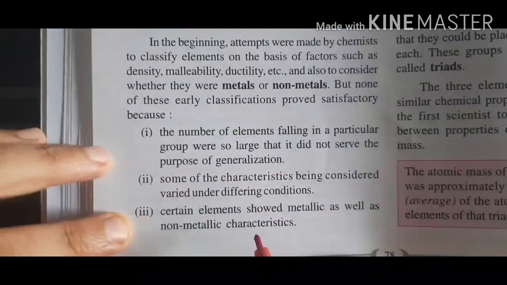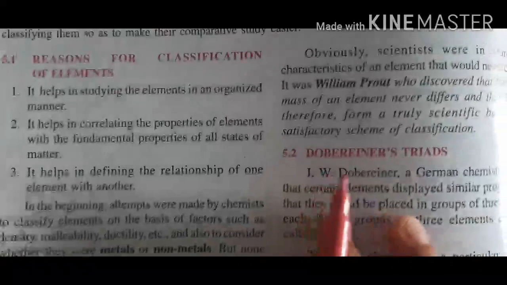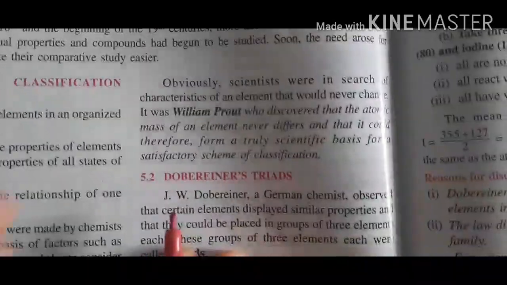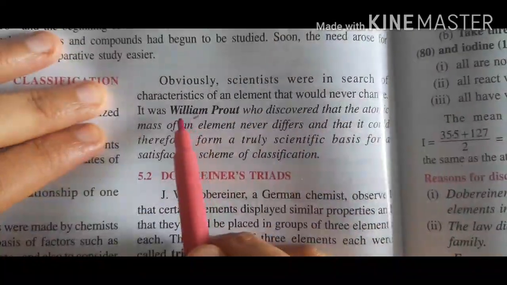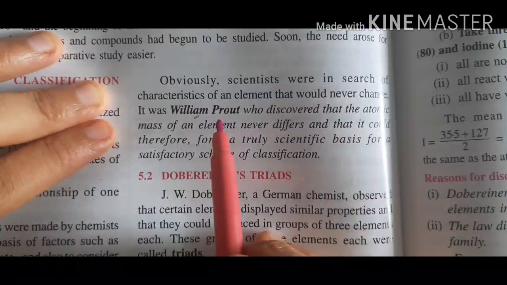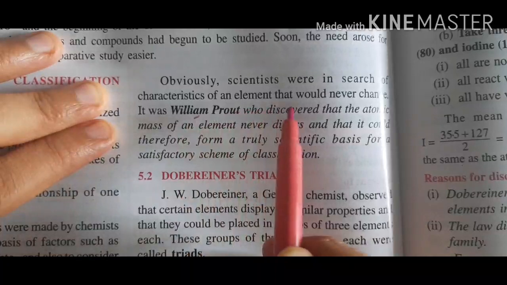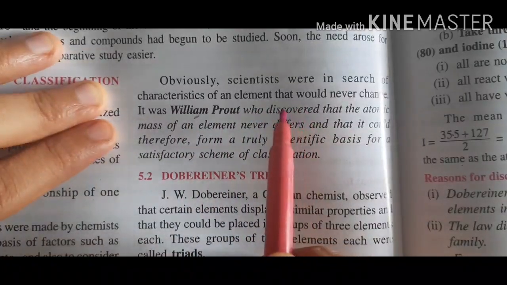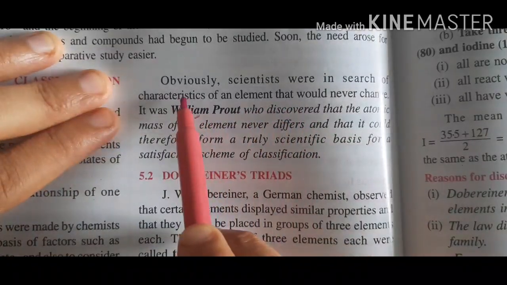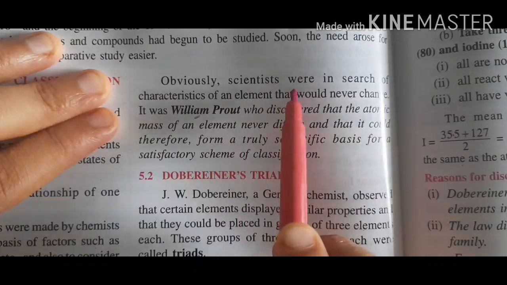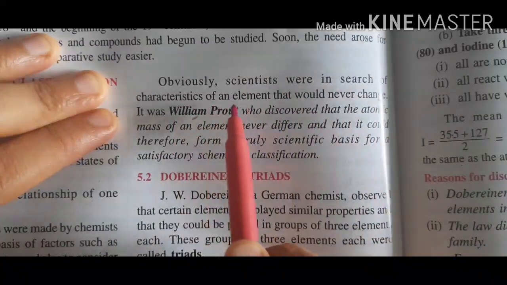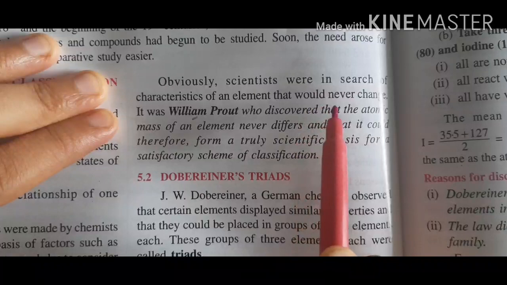of the elements. Okay. So afterward, when this classification was going on, at that time one of the scientists, William Sprout, the scientist who found out all the elements' atomic mass. So obviously scientists were in search of a characteristic of the element that would never change.